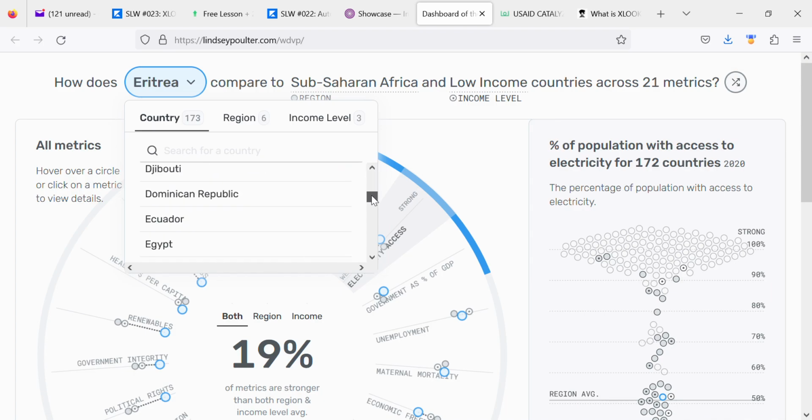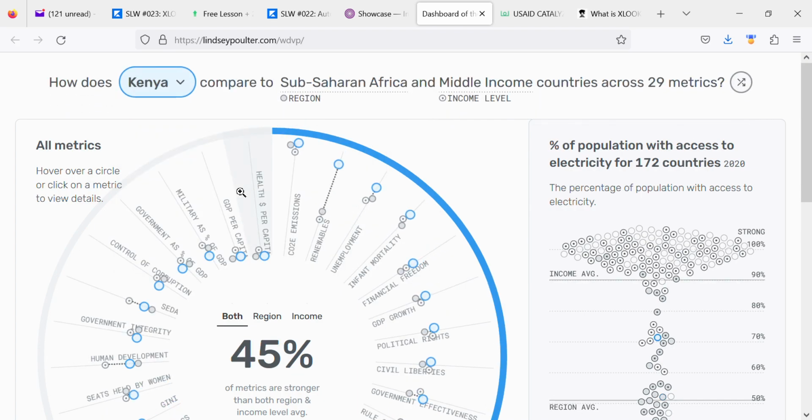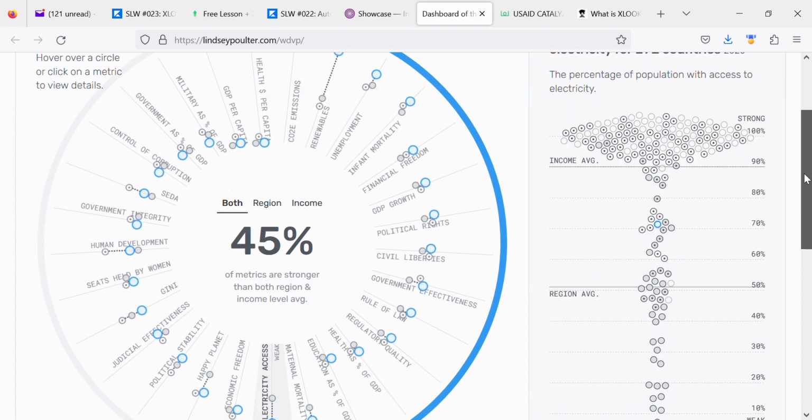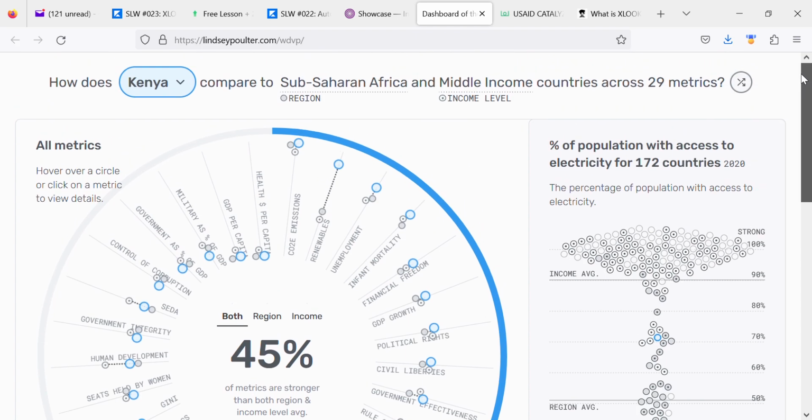Let's look for Kenya, for example. Kenya is rated as 45% of metrics are stronger than both region and income level average. Kenya is compared to sub-Saharan Africa and middle income countries, and rated over 29 metrics.